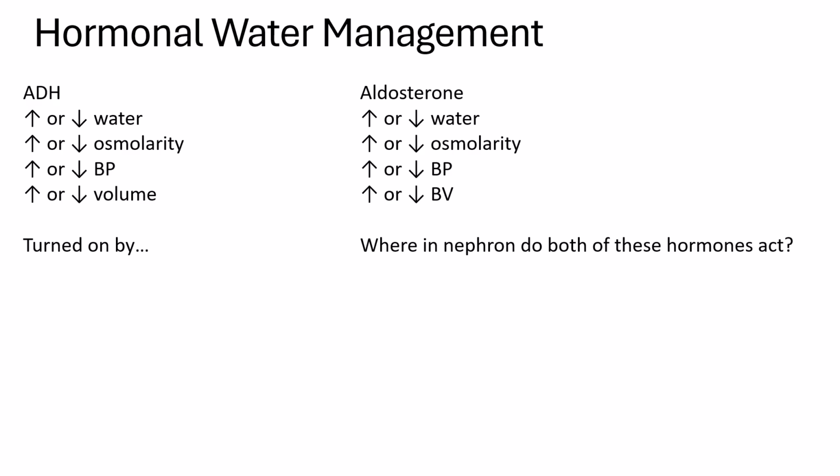So more water means more blood volume and more blood pressure. As for osmolarity, where we had ADH decreasing osmolarity, aldosterone increases osmolarity. But the reabsorption of sodium is far outweighed by the water that comes with it.